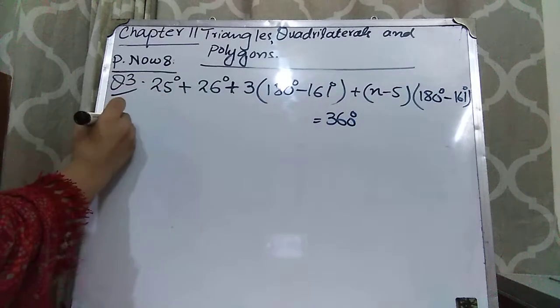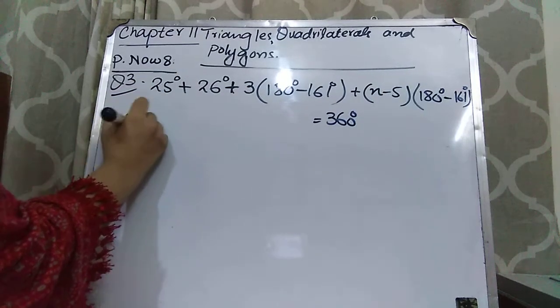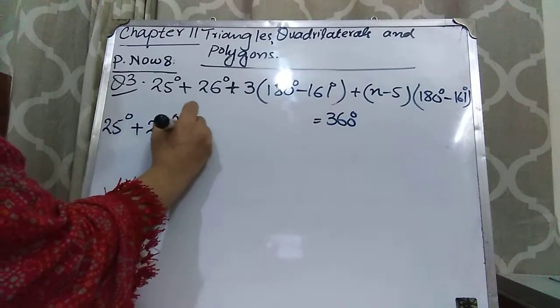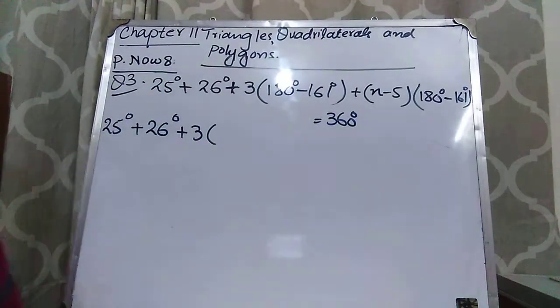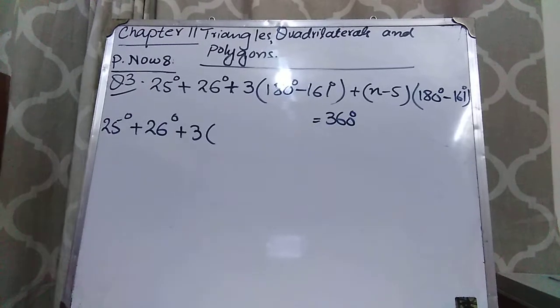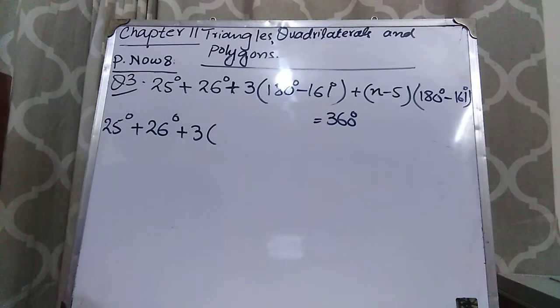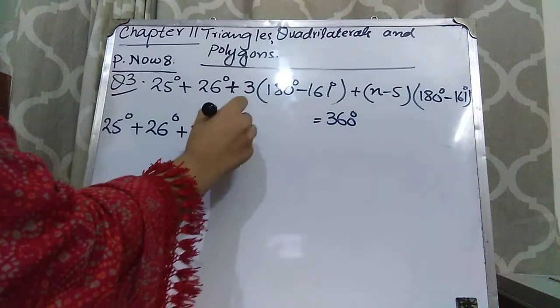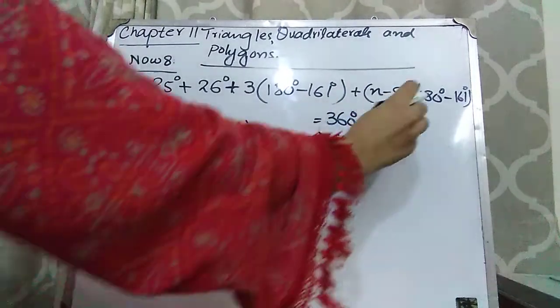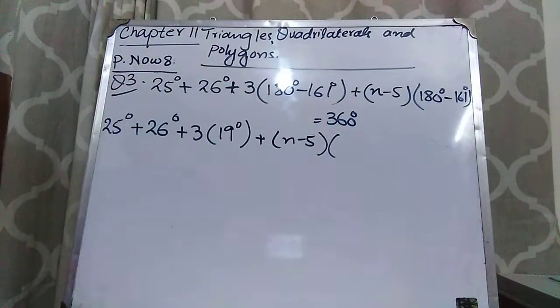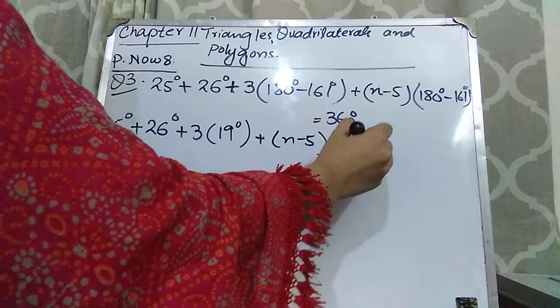Okay, 25 and 26 you will write as it is. Now 180 degrees minus 161 degrees will be equal to 19 degrees, plus n minus 5 you write as it is, 180 degrees minus 161 degrees, you will get 19 degrees.